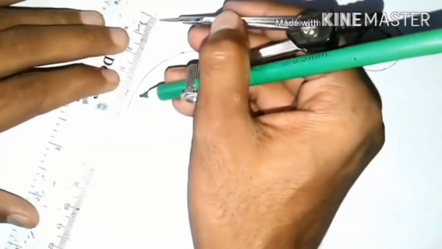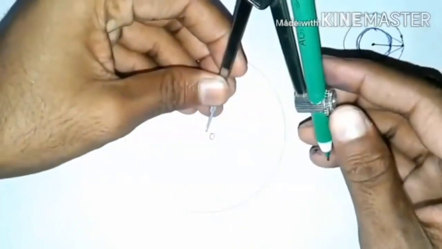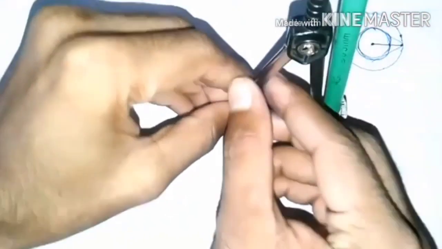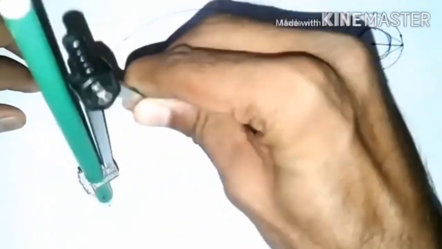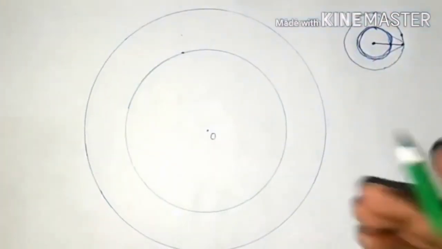So label the center as O. Now we have to draw the concentric circle, which means another circle with the same center and radius 6 centimeter. So take 6 centimeter in the compass and using the same center O, draw one more circle. So now two concentric circles we have got.